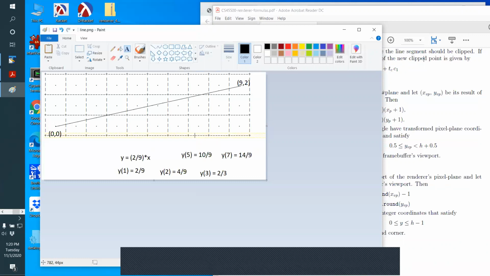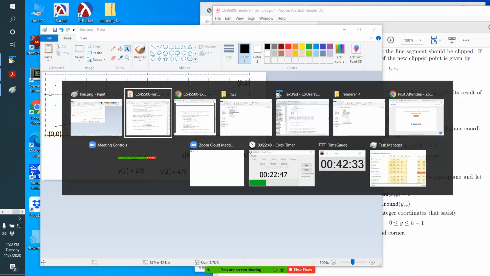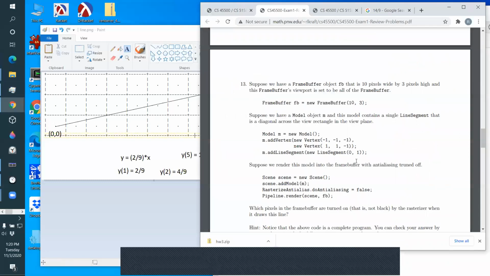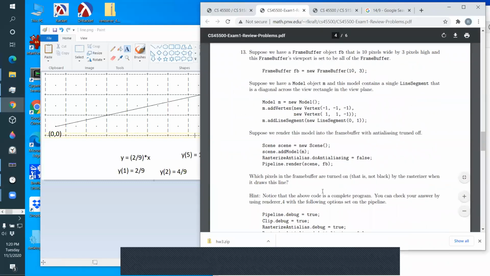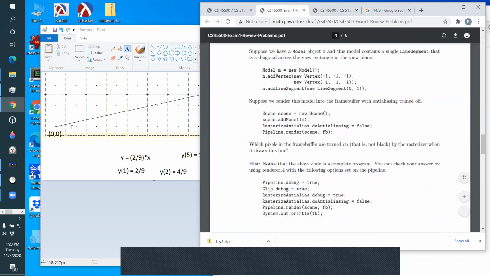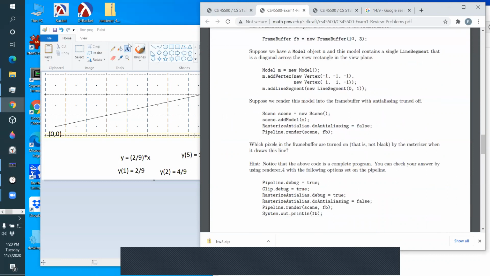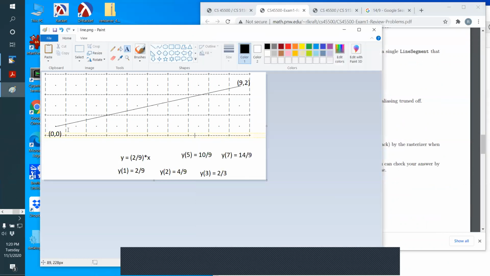So if it's the problem with aliasing, like in this case, problem 13 with aliasing, you can give me the coordinates of which pixels are lit up. You can say, oh, you light up pixel 00, 01, 02, 13, 23, 33, 43, 52, no, this would be 72, 82, 92.